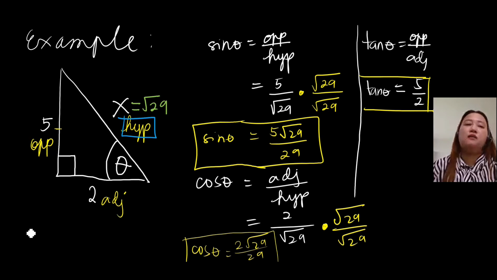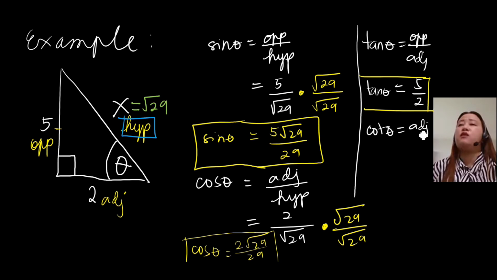Then you can try to solve cotangent first, or secant, or cosecant when it comes to reciprocals. No particular order. So let's solve for cotangent. Cotangent is adjacent over the opposite. So substituting, adjacent is 2, opposite is 5.